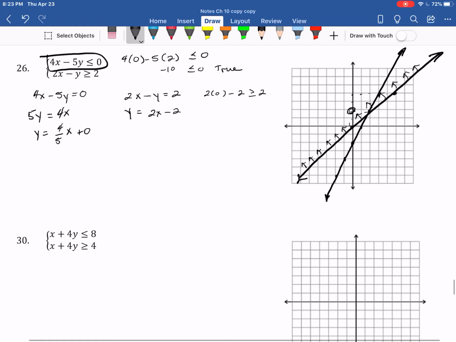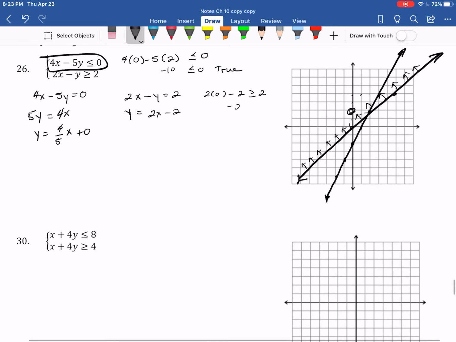We have to decide if that's true or if it's false. Now here we get 0 minus 2 is negative 2. Is negative 2 greater than or equal to 2? And that is a false statement. Therefore, the test point 0, 2 is not to be included as part of that solution. So for that second line, I want to treat everything below that line as my solution.